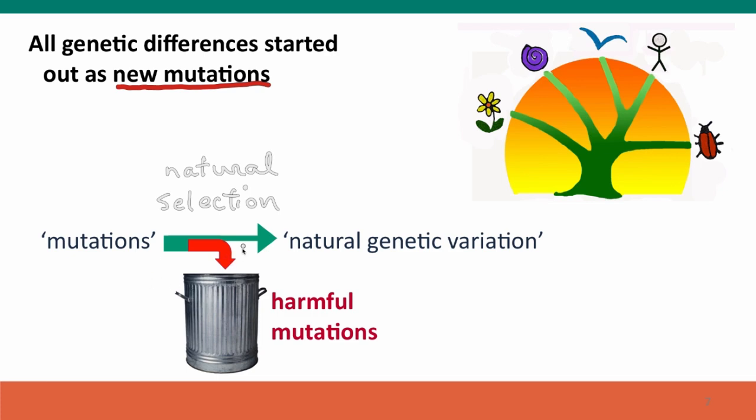It eliminates the bulk of new mutations that are harmful, and it allows to persist all the new mutations that are neutral and increases the frequency of any new mutations that are substantially beneficial. Those new mutations, the beneficial ones, are a very small fraction. Almost all of what we see as natural genetic variation is neutral mutations that have accumulated over evolutionary time.